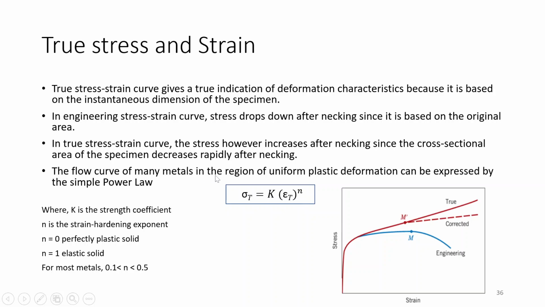The flow curve of many metals, in the region of uniform plastic deformation, can be expressed by a simple power law: sigma t equals K times epsilon t to the power n. Here n is the strain hardening exponent and K is the strength coefficient. n can be 0 for perfectly plastic solids and 1 for elastic solids. For most metals, n is between 0.1 and 0.5.